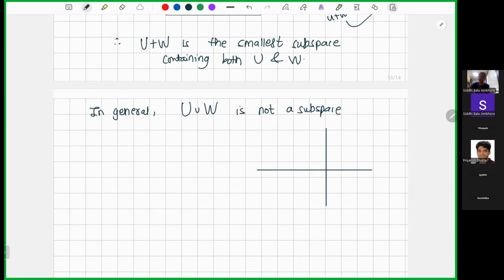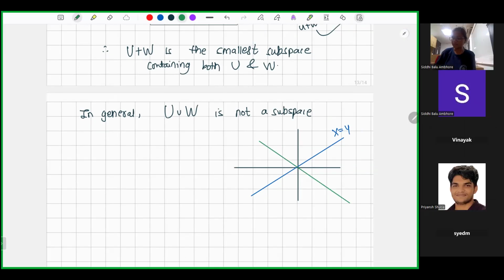If I take these two subspaces, suppose my x is equal to y. And if I take another subspace, x is equal to minus y, or y is equal to minus x, does not matter. Both these are subspaces. So if this is my W and this is my U, then both of these are subspaces.